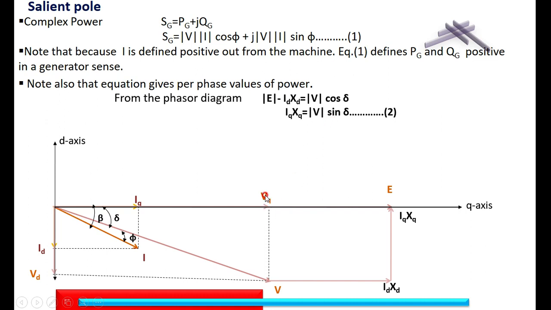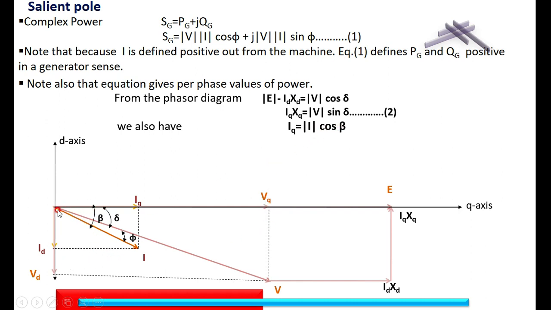Therefore, I have resolved VQ and VD from V, and then I am expressing them in terms of E, IDXT and IQXQ. That is, from this triangle with angle delta, I am establishing the relation, finding V cos delta and V sin delta in terms of E, IDXT and IQXQ. Now similarly I am resolving I into two components, the quadrature axis current and the direct axis current, in which IQ is equal to I cos beta.